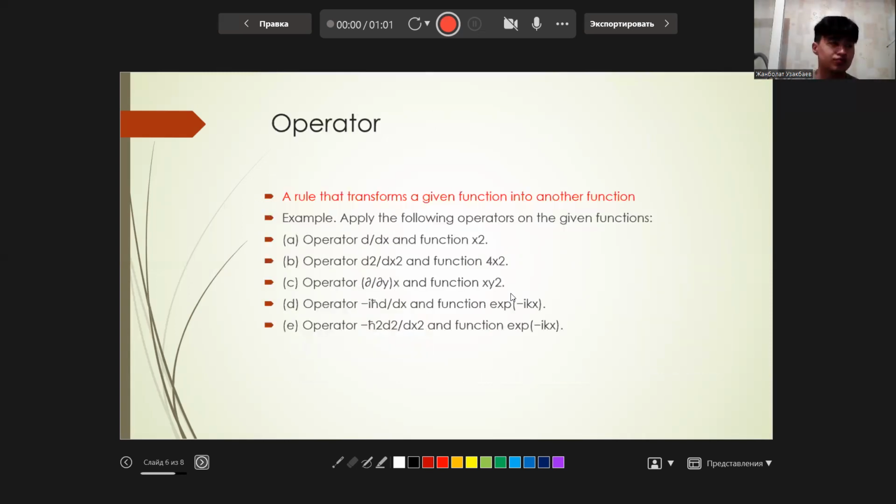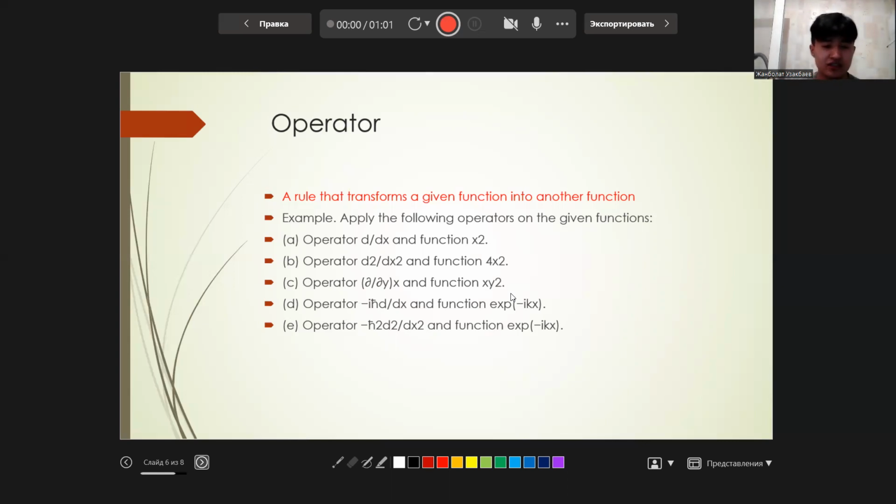So next we have an operator, a rule that transforms a given function into another function. Here we have examples. First, operator d over dx and function x square. Second, operator d square over dx square and function 4 times x squared.